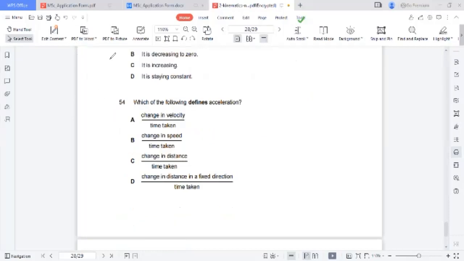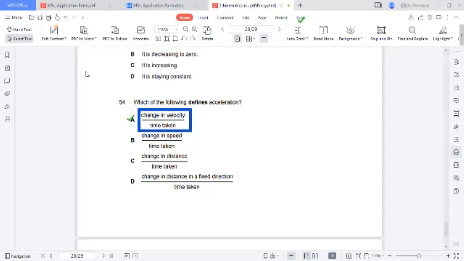Now 54. Which of the following defines acceleration? You know that acceleration is the rate of change of velocity. So change in velocity with time. Change in distance, you can see it looks fine, because change in velocity with time taken is the correct option. And let's see about change in speed.